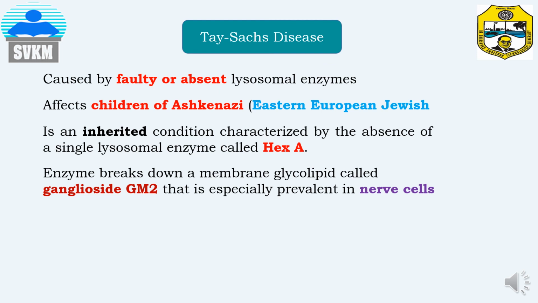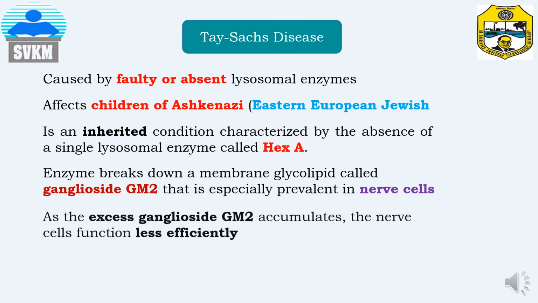What is the role of this HEX A? This enzyme breaks down a membrane glycolipid called ganglioside GM2, which is present in higher concentration in the nerve cells.